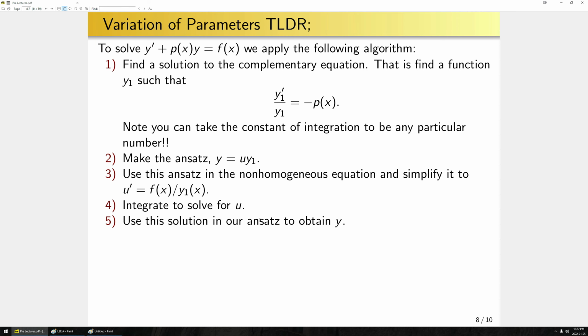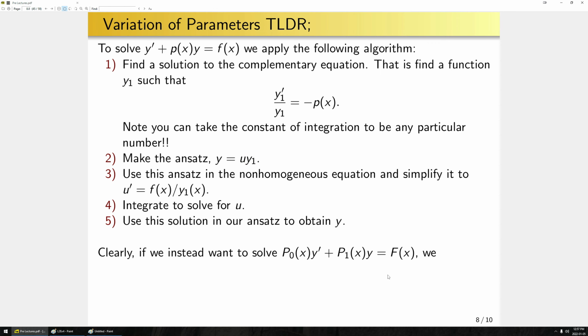From here, we just use this solution for u to obtain the solution for the original equation. Explicitly, we take this assumption here, take the function for u that we found, plug it in, and then take the function for y1 that I found up here and plug it in. Okay, so that's all there is to this.